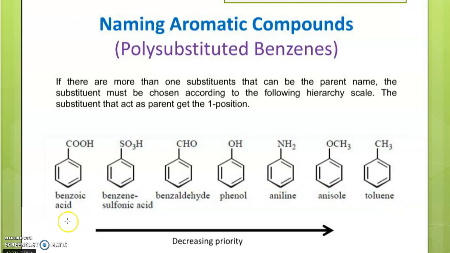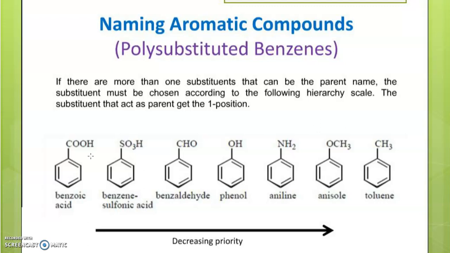You need to remember, this arrow indicates decreasing priority. So for naming polysubstituted benzene, if you have C double bond OOH, the carboxylic acid, attached to your benzene, and there is also one OH there, which has more priority, OH or C double bond OOH? For naming, the parent will be the C double bond OH, benzoic acid.